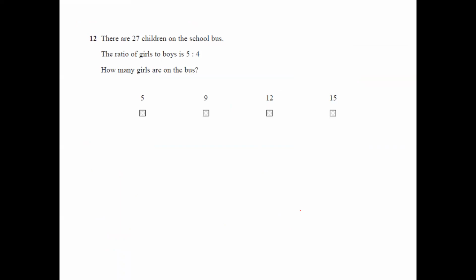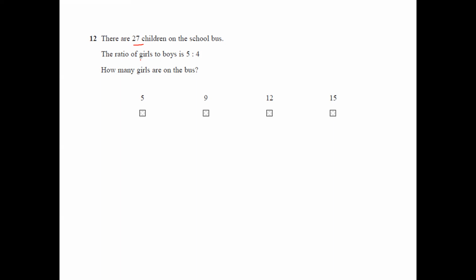Then the 12th question. This question is from ratios. There are 27 children on the school bus. The ratio of girls to boys is 5 to 4. How many girls are on the bus? So if you read the question again, there are 27 children on the school bus.